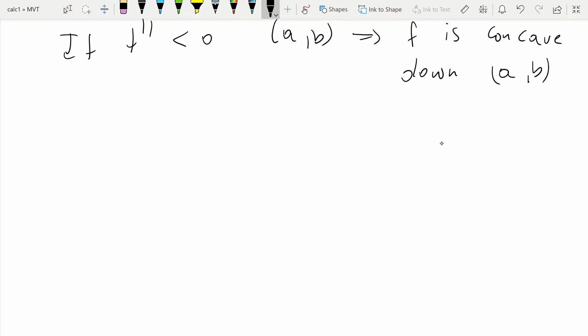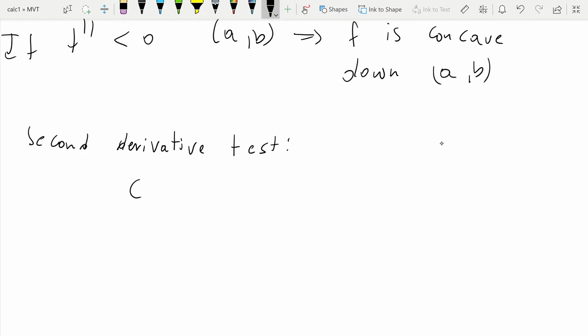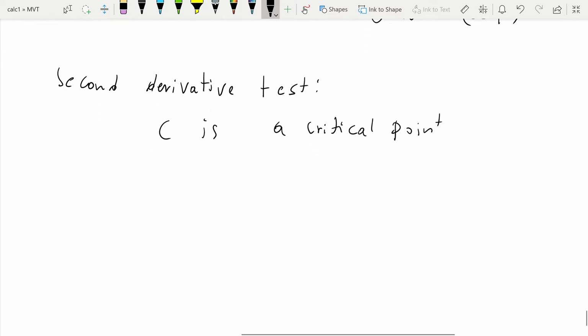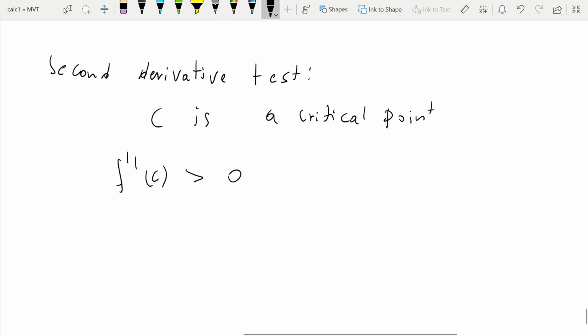And this also has the second derivative test, which says that if c is a critical point and f is nice enough, then if f double prime at c is greater than 0, this implies c corresponds to a local min.